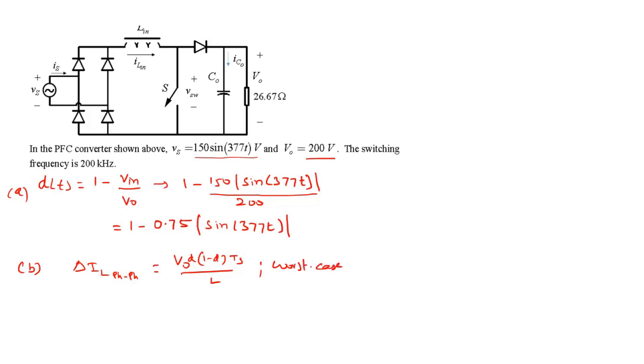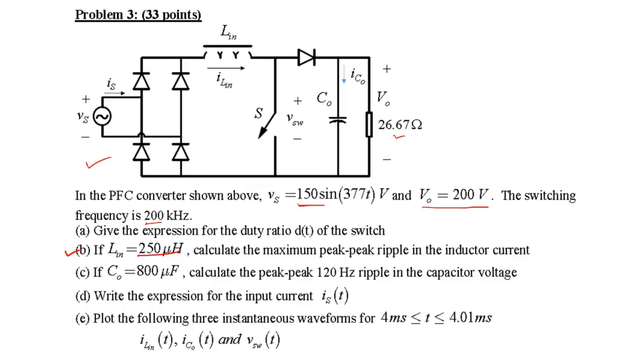Worst case for a boost is when D equals 0.5. Okay, so substitute that D 0.5 times 1 minus 0.5, get 0.25, and in the notes it's actually written as VO TS over 4L, okay, because 0.5 times 0.5 is 0.25. So that would come out to be 200 volts, TS corresponding to 200 kilohertz switching frequency is 5 microseconds, divided by 4 times the L, which I believe is 250 microhenry.